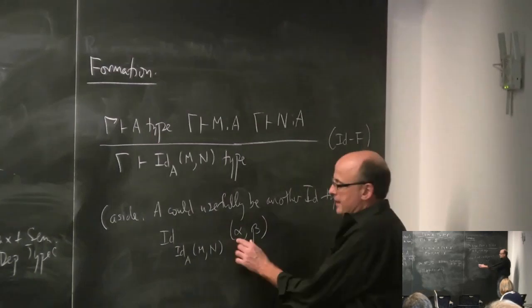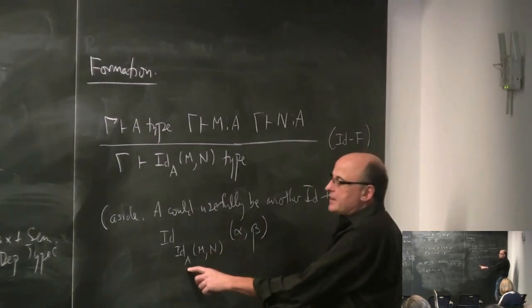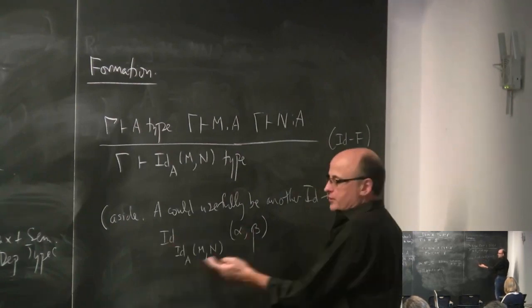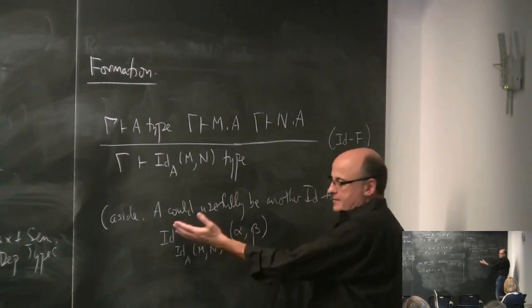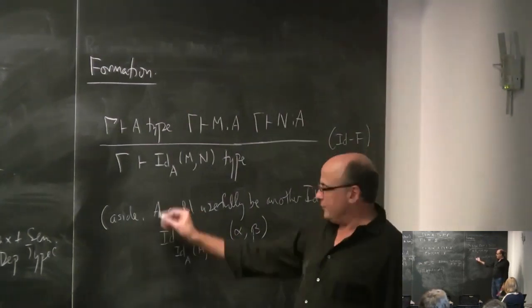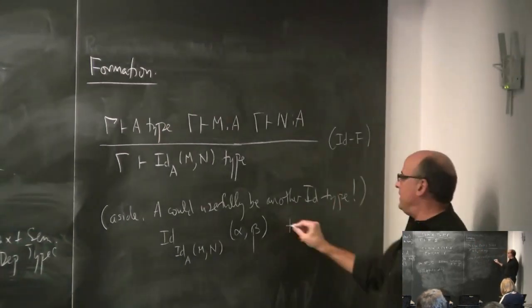I talked about alpha and beta being proofs that M and N are equal in A. One can then also talk about those proofs being equal as proofs of such equations. And that's an iterated identity type. And in fact, I can iterate that further, as much as I like. So this goes to any dimension.